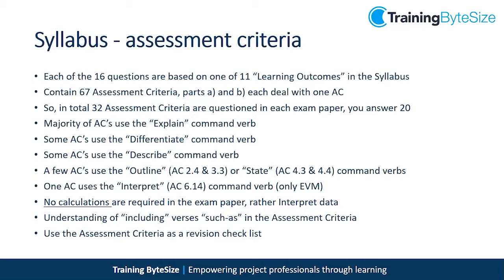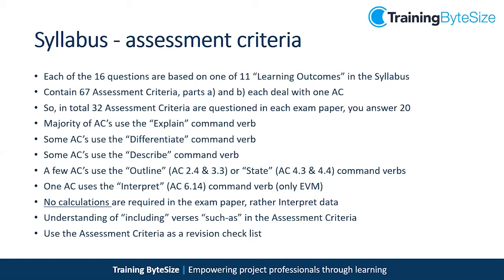So there will be an understanding of including versus such as in the assessment criteria. Some of the questions will suggest what you need to include. What you might find is they'll provide a list after 'such as', which you need to explain. You have to choose from some of the words in there and explain them.